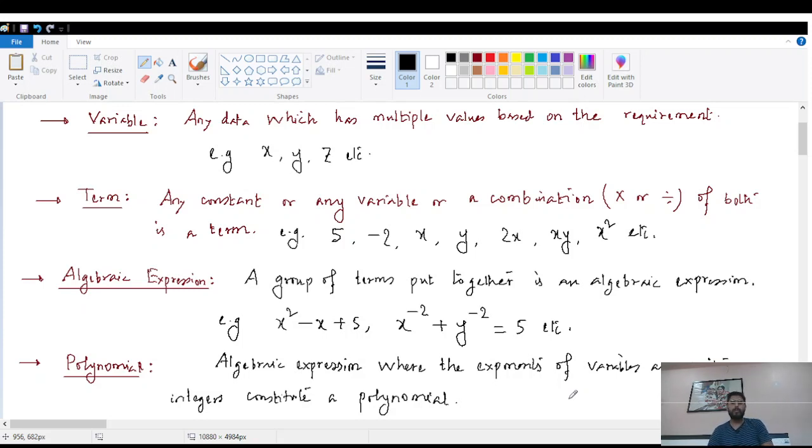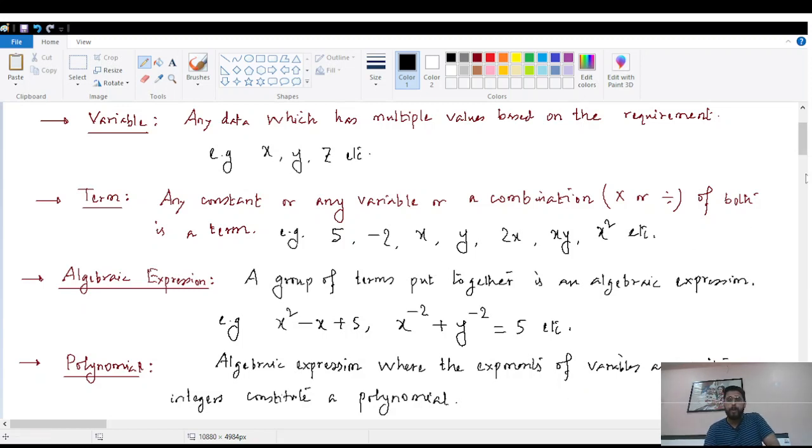Okay, so this is the definition of polynomial. The restriction is that the powers of the variables, whatever variable you choose, must be a proper positive integer, not even a negative integer, and fraction decimals are out of the question. It has to be a positive integer, so that makes a polynomial. So this is the definition of polynomial.